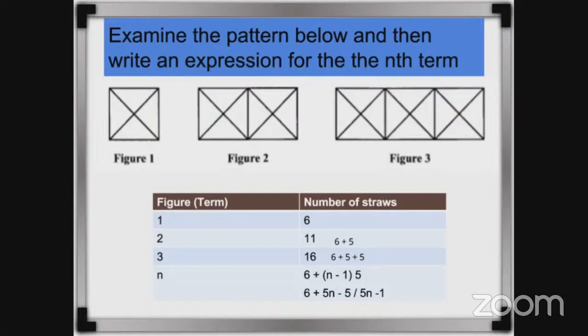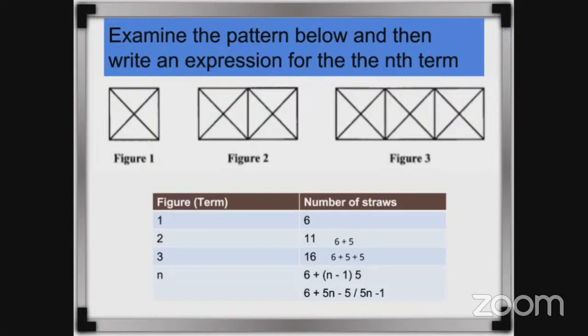Are we adding plus 5 in the first figure? Could that be it? Okay, 5n means number of straws, and then you have 1 less. Okay, I'm seeing it in the chat. Thanks, Gary. Continue, Mrs. Lodge Fenton.